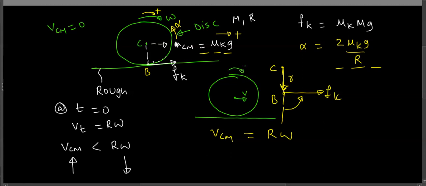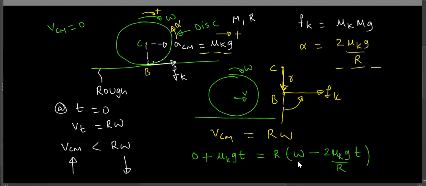Now this time omega will be reduced and VCM will increase from 0. Using V equals U plus AT, there was no velocity, plus alpha A to the right, so I'll write mu k g times t equal to R times initial omega, omega naught is omega here, plus alpha, but alpha is in the other direction, so I'll take it with a minus sign, which is 2 mu k g by r into t.